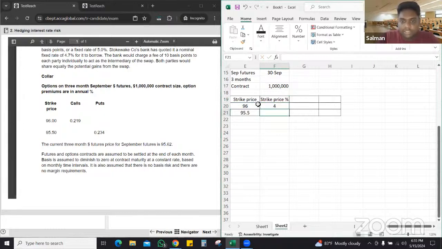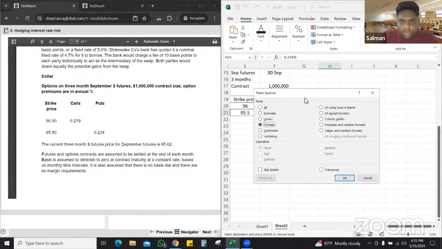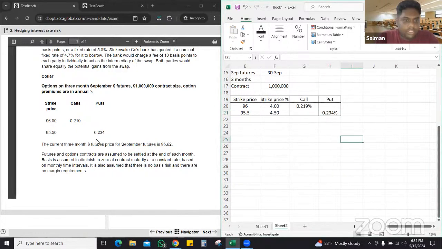It's basically 100 minus this, 4 and 4.5. Okay, 4%, 4.5%. In terms of premium, call option 0.219 percentage, put option 0.234 percentage. So this is the detail.